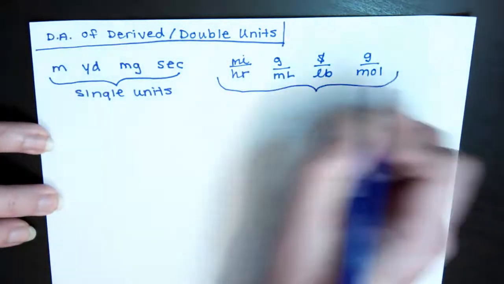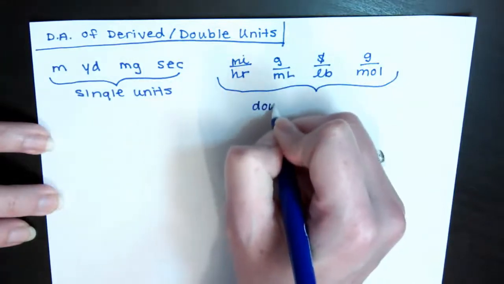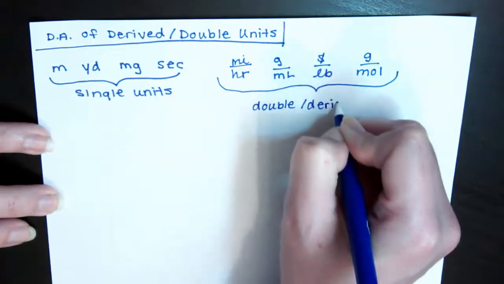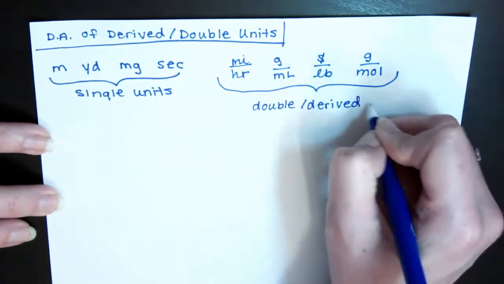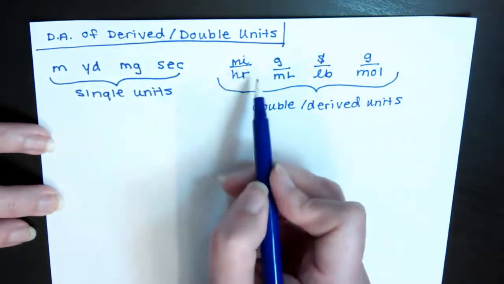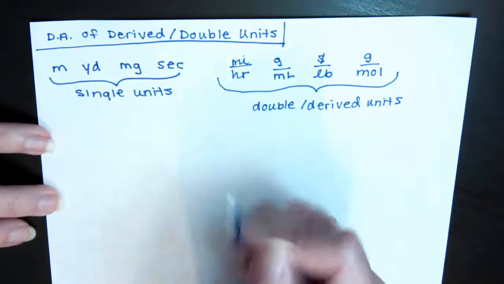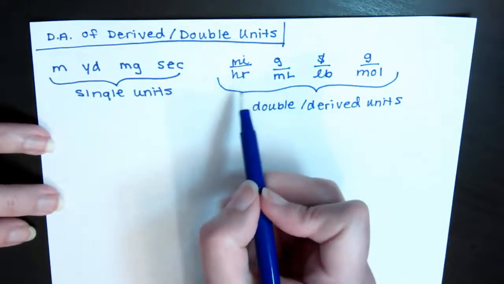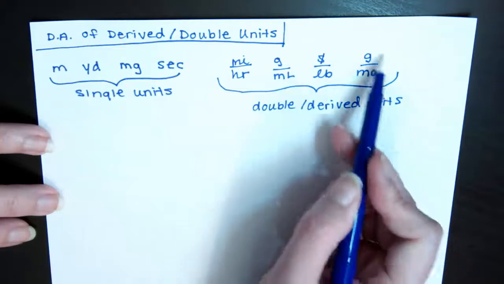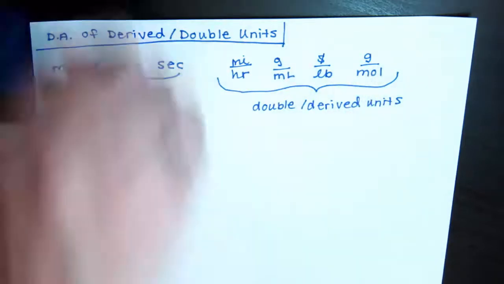These are examples of double or derived units. They're made by combining two, sometimes more, units to make a more complicated one, like speed or density, cost. This is called molar mass.